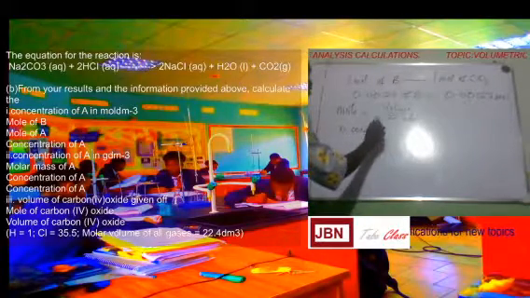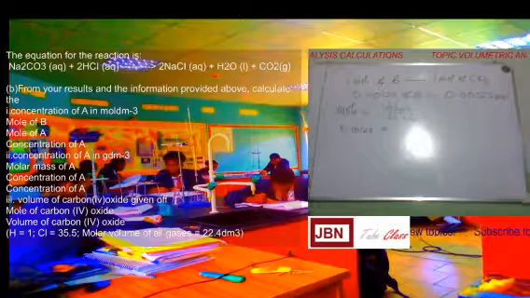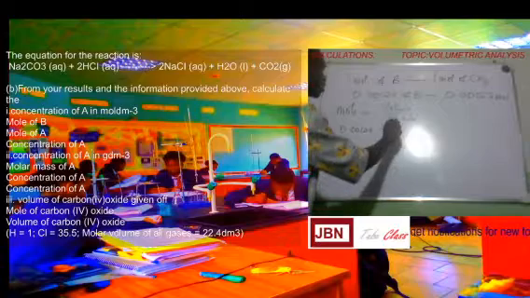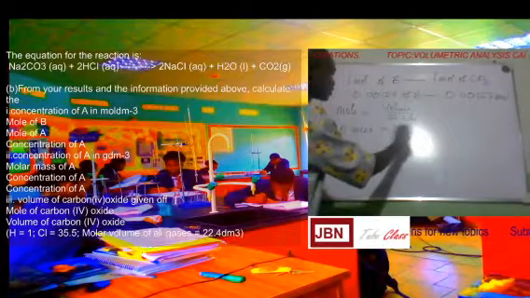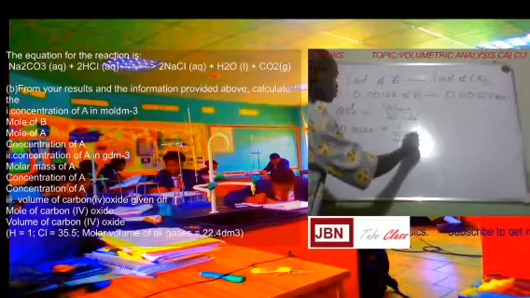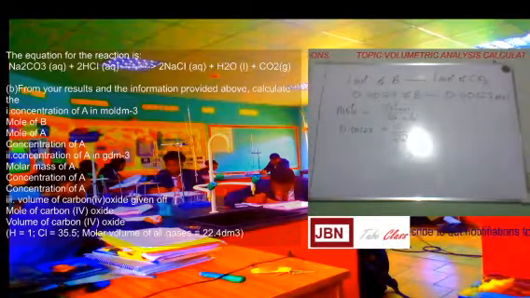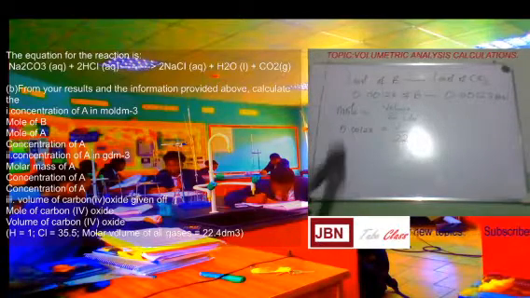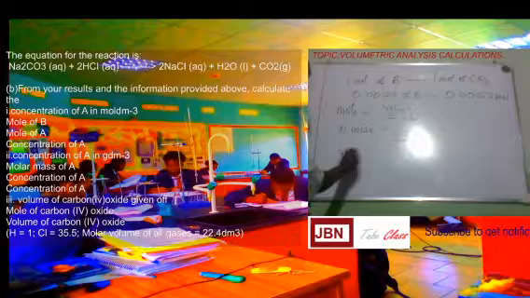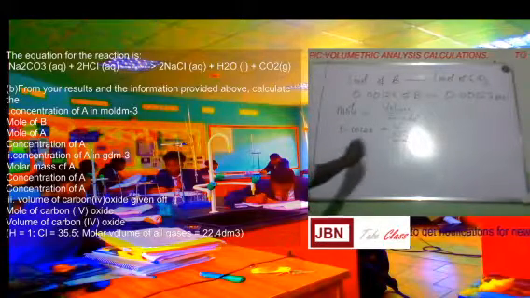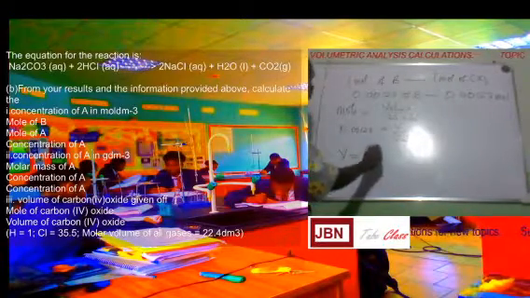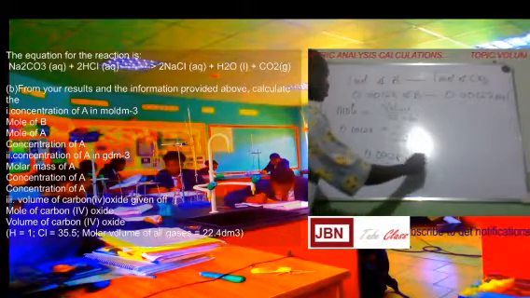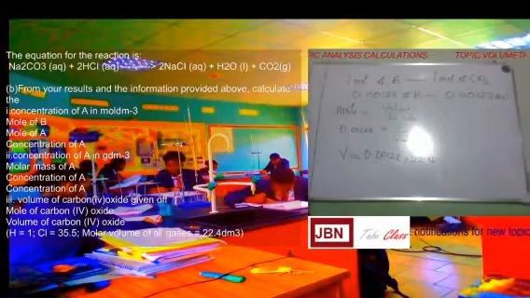For us to do that, we know our mole to be 0.00128, and we don't know our volume, and then our molar volume is 22.4. So our volume is going to be 0.00128 times 22.4.